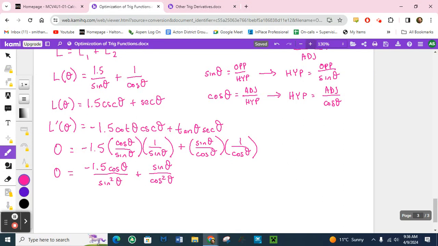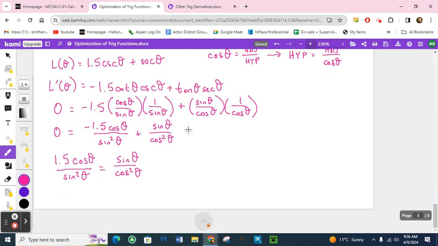In part B, we had sines, we had cosines, but we massaged the equation to get it just in terms of tangent. So check this out. I'm going to move that first bit to the left-hand side. It becomes positive 1.5 cos theta over sine squared theta equals sine theta over cos squared theta.